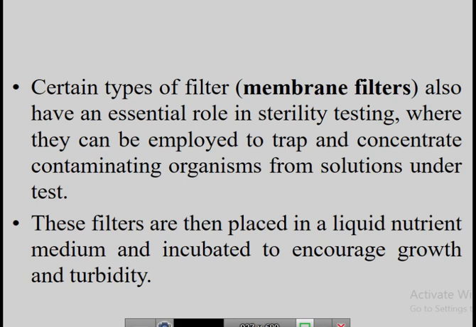You can count the number of colonies. You can even count how many microorganisms are present in how many ml of the water. This is the advantage of this membrane filter technique.